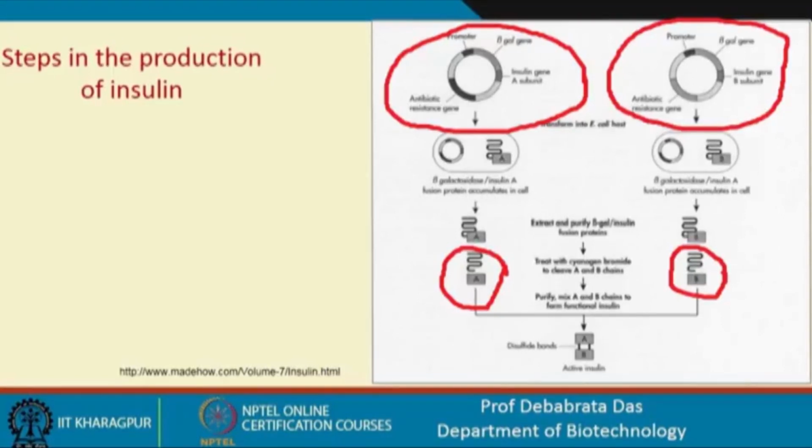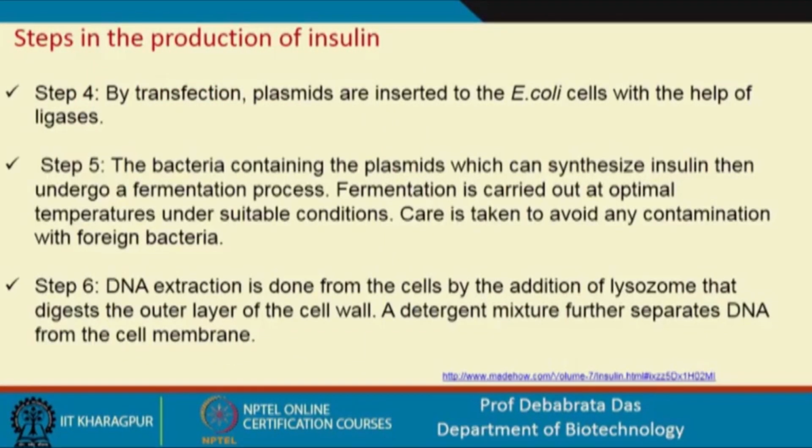Now, the step we involve is transfection. The plasmids are inserted in the E. coli cell with the help of ligase, and ligase is used for binding purposes, you know that. Then the bacteria containing the plasmid, which can synthesize insulin, undergo a fermentation process.